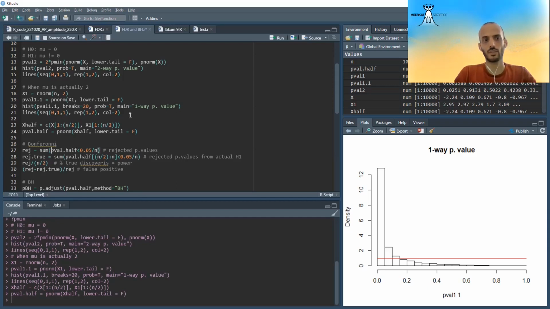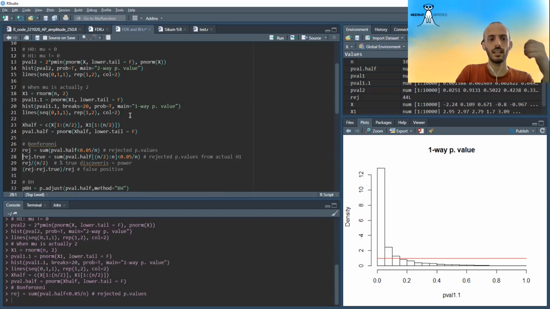And we check for each one of the p-values that we got, is it less than this stricter threshold that we calculated? And if so, then we sum all of this. This is our rejected group. And we also want to sum all of those only from the second group, which we know is the truly false null. These are the ones that we actually need to reject.